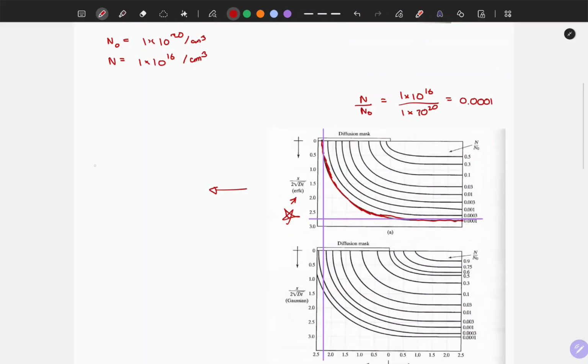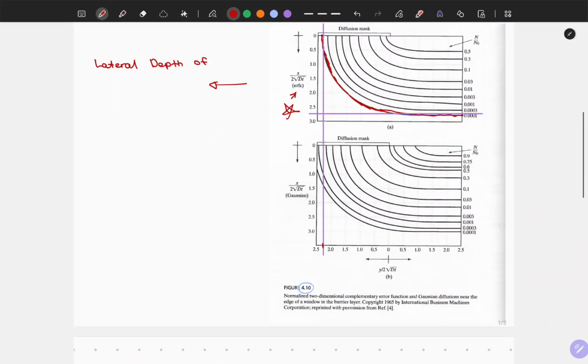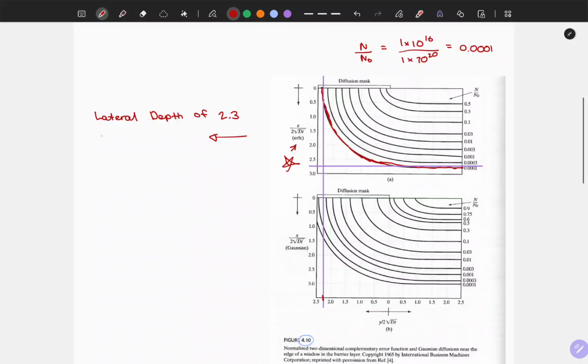It corresponds to a lateral depth of 2.3 and a vertical depth of 2.8.